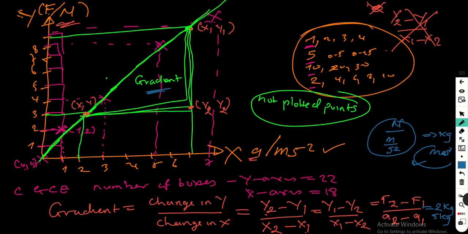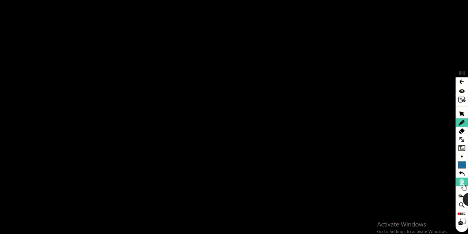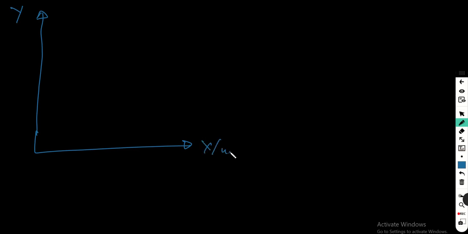To recap, in order to plot the graph, we need to draw our axes and prepare the data. When you have drawn your axes, you label them with their units. After that, you choose your scale. When you have chosen your scale, you plot points.